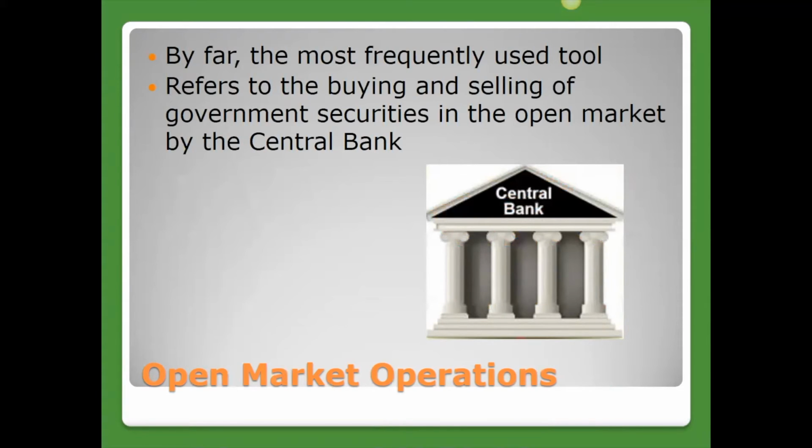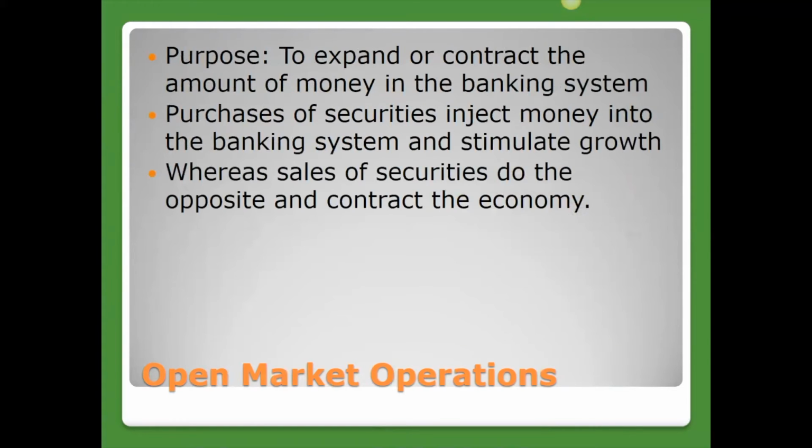What this means is that the central bank will go and buy securities in the open market. So they're buying bonds, mortgage-backed securities, these types of things, from either the banks or from individuals.